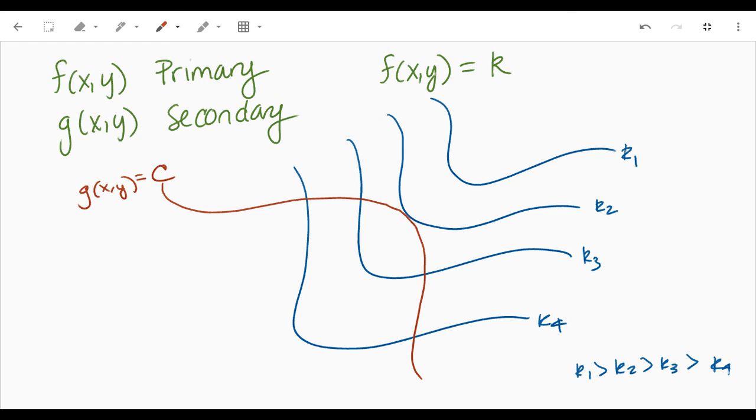So you can see the biggest we can get is right here on K2. With that restraint, we cannot obtain K1. Let's say this is at the point x naught, y naught. So our maximum value would be K2, and that will occur at x naught, y naught. We can obtain anything less than K2. Like we can obtain K3 if we want, but we wouldn't want to do that. And there's no way for us to get higher than K2.